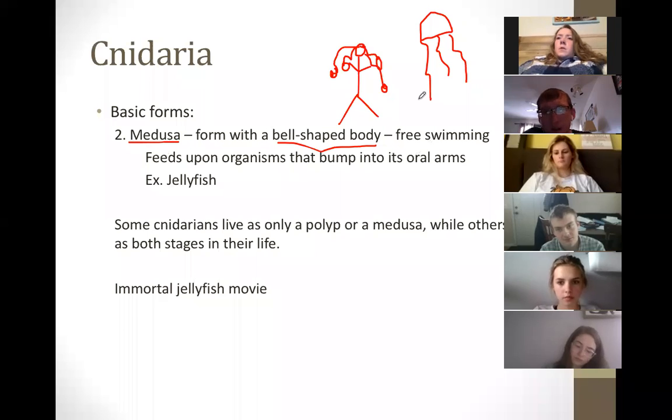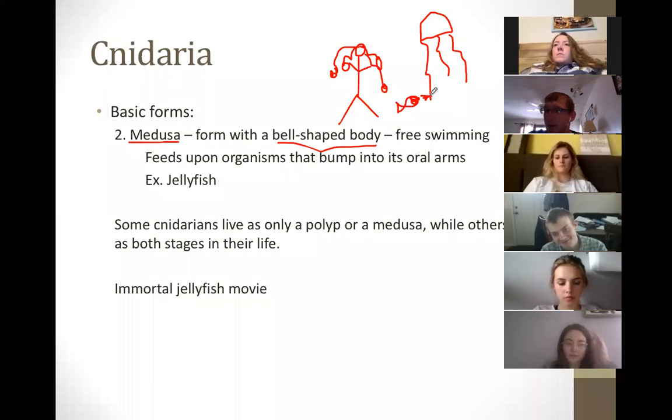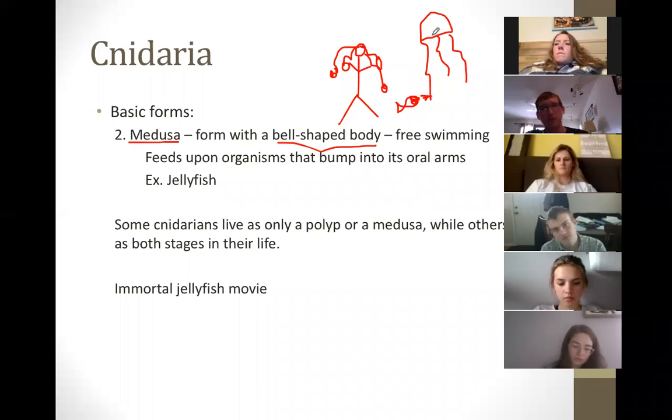You got a little guy, Nemo and Dory, cruising along, and they're going to hit those tentacles and get zapped. And then the tentacles will pull it up into the mouth and the inside of the body of this jellyfish, which is pretty cool.